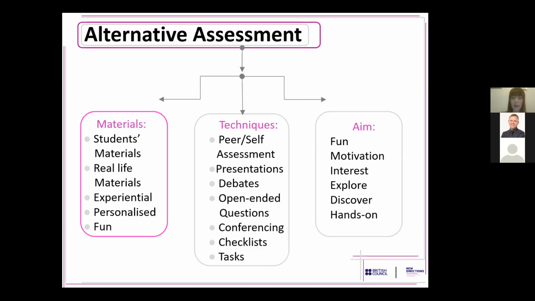But now there are other aims that we can achieve with alternative assessment, and that is fun, for example. I know that it sounds a little bit weird, but honestly, you can even have fun at the time of assessment with your students. You can motivate students as well, depending on the materials that you use, allow them to explore and discover new things while they are assessed, and make it more interesting for them.